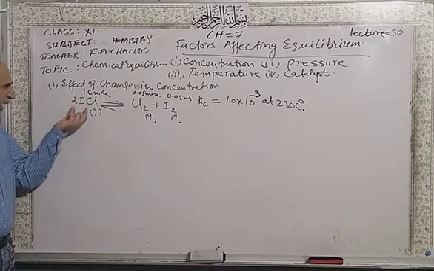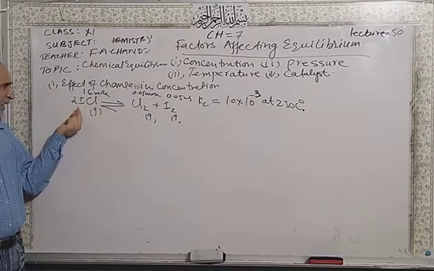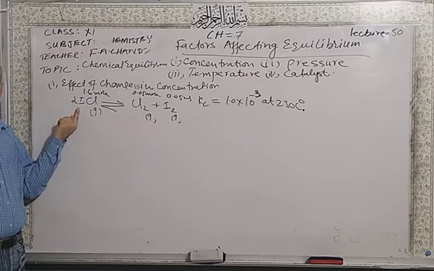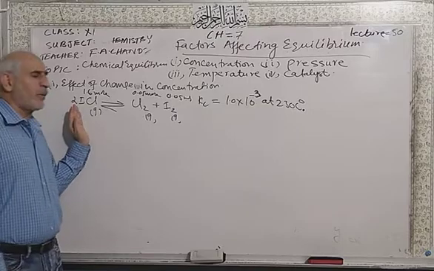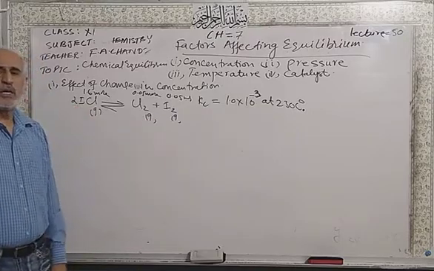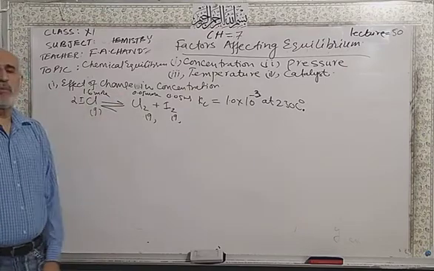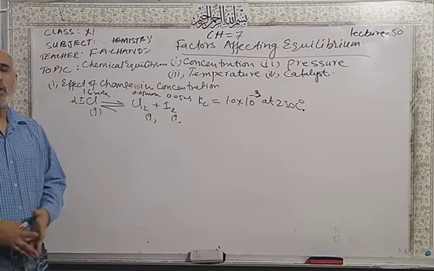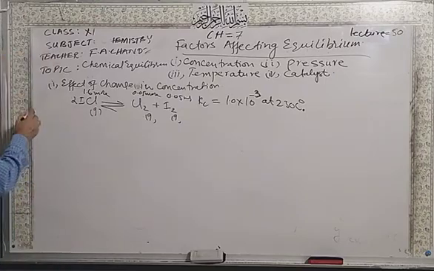So if I add one more mole on the reactant side, according to Le Chatelier's principle, the equilibrium is disturbed and it must move towards the product side, and new concentrations will be formed. New molar concentrations when the new equilibrium is established. Now how do we solve?